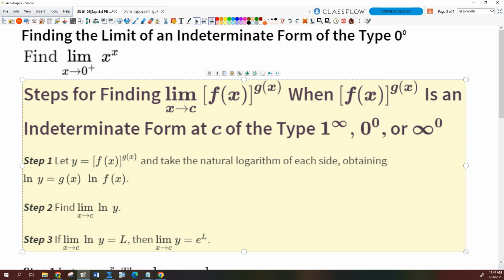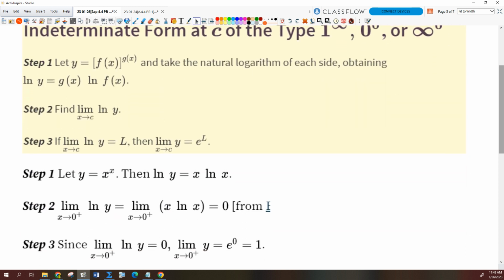Or it could be something like 0.9 to the infinity, which would be 0, right? Okay, 0 to the 0, we don't know, right? We don't know if those values are approaching 0. We have no idea what that's going to be. Or infinity to the 0. Okay, if the base approaches infinity and the exponent approaches 0, we don't know what the outcome is going to be.